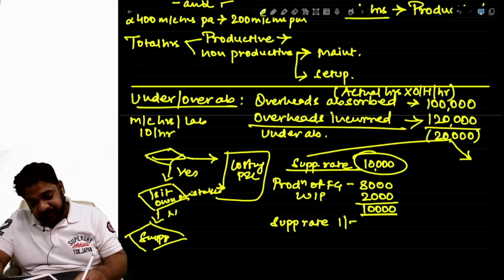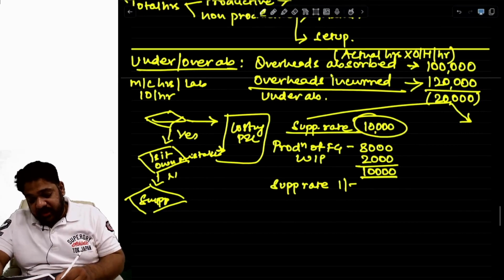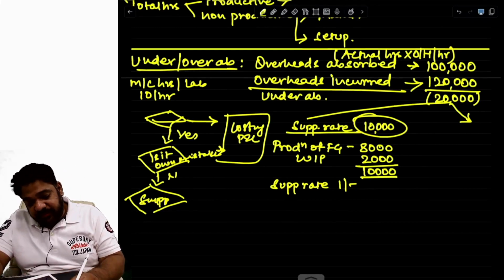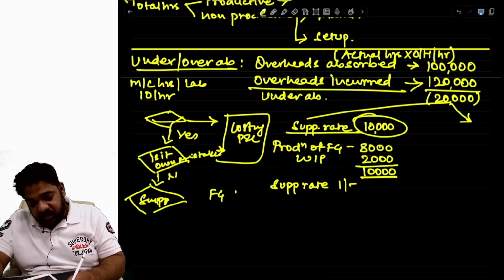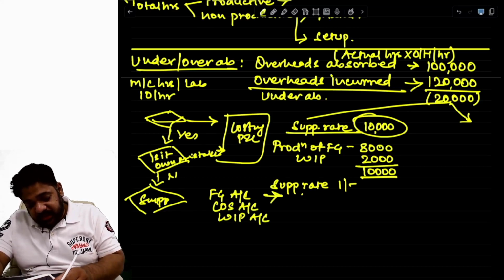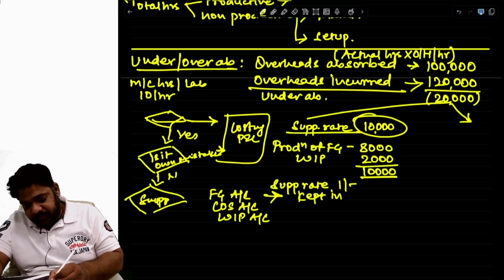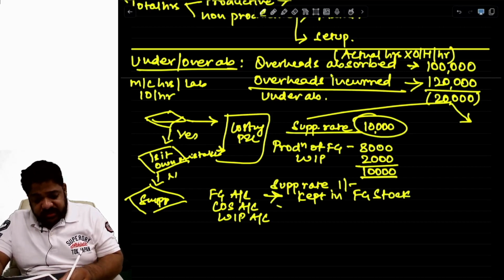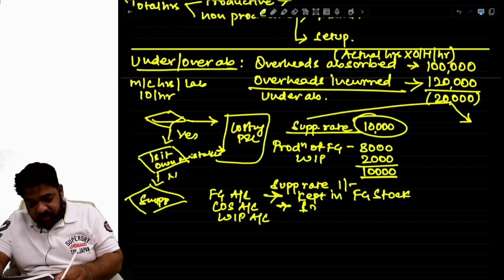Now you've got your supplementary rate. Now you have to charge the finished goods account, cost of sales account, and WIP account. The finished goods account for whatever is kept in finished goods stock, the COS account for whatever is sold, and for WIP, whatever is kept as WIP stock.